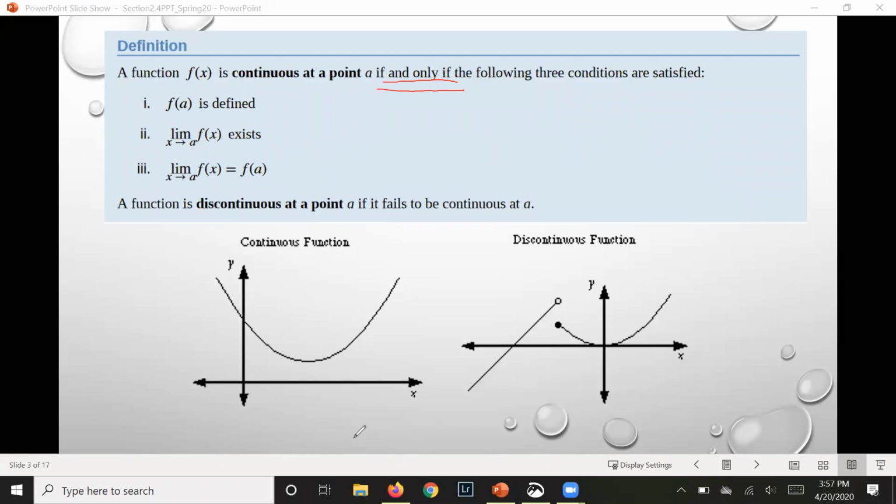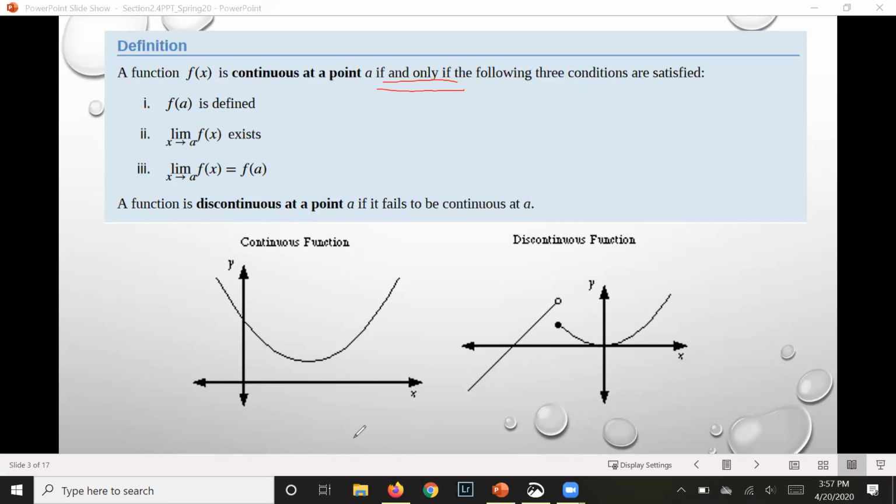Number one, f of a, the function with an input at that point, has to be defined, so we have to get some sort of output. Two, the limit as x approaches a of f of x exists. And the last piece is that the limit has to be equal to what we get when we input the value a into the function.